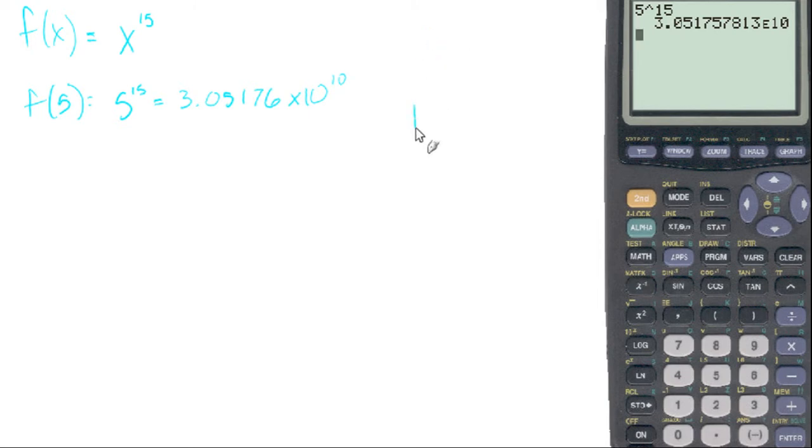The e here is saying times 10 to the exponent, whatever number follows.